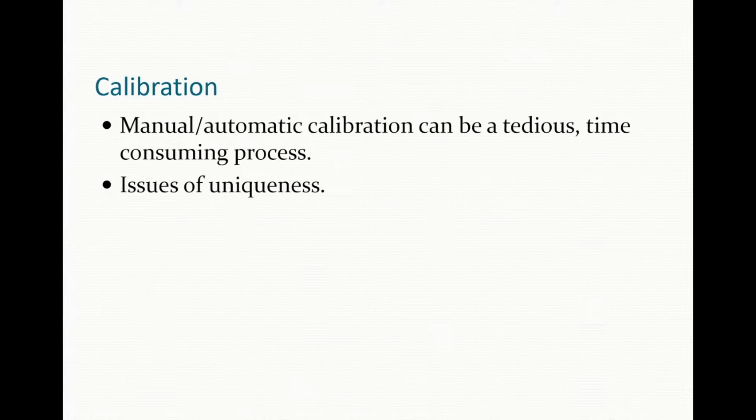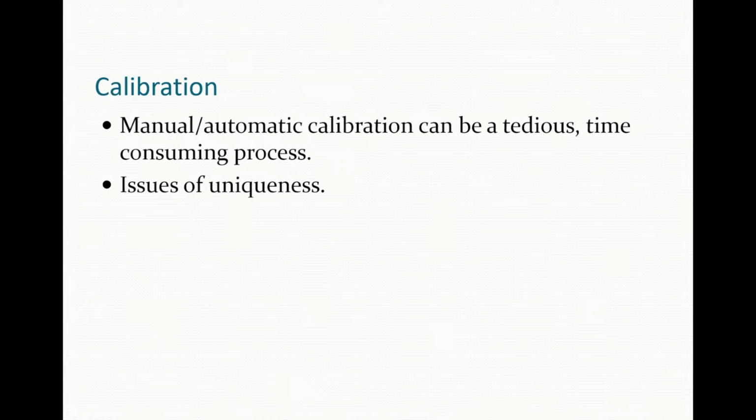Calibration is a very tedious process. It can be done manually or through an automatic process. Manual means you make guesses at the beginning and change them until you get the match. The computer does it more systematically for you through many iterations, but it's basically the same process: start with guesses, then adjust until you get a good match.